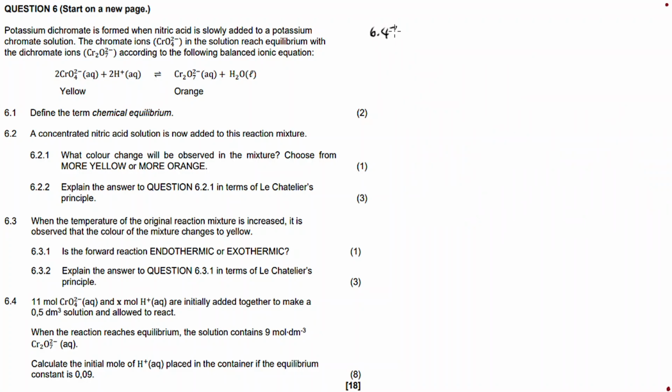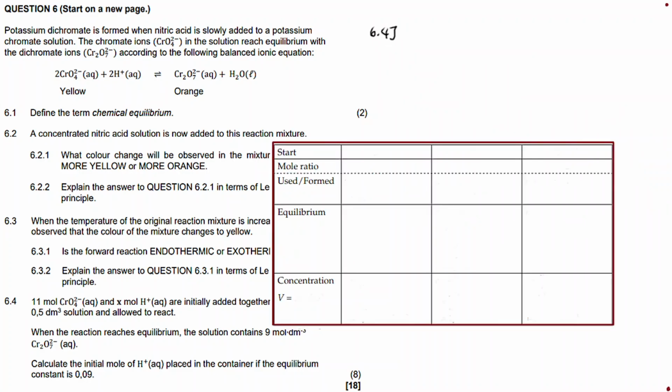6.4, I think we're going to have to bring this table. So let's add this table. All right, again, how many reactants do we have? Okay, so we're going to have 3 because we only focus on our solutions. Liquid we do not include in the equilibrium constant calculation.